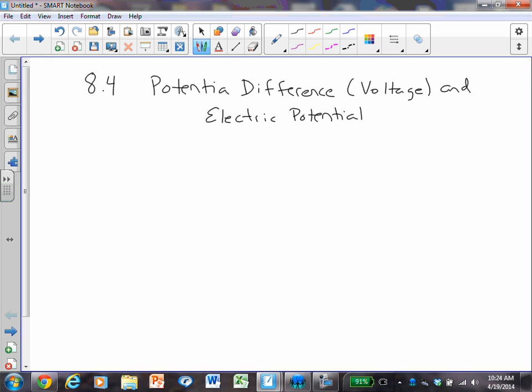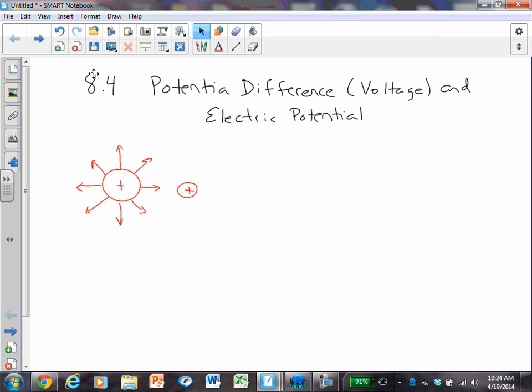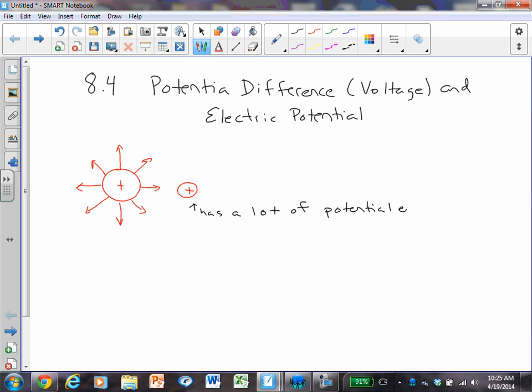So in a sense, you have to look at both flavors of that, because you could have one where you have a positive outward like so, and another positive here, and this has a lot of potential energy. It wants to move away from the other positive.